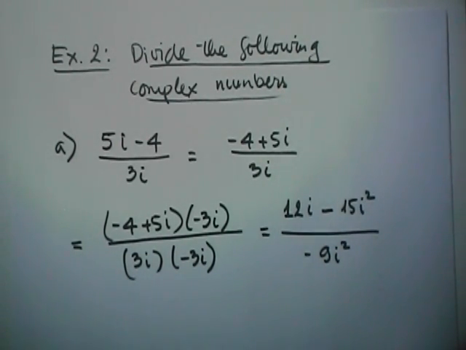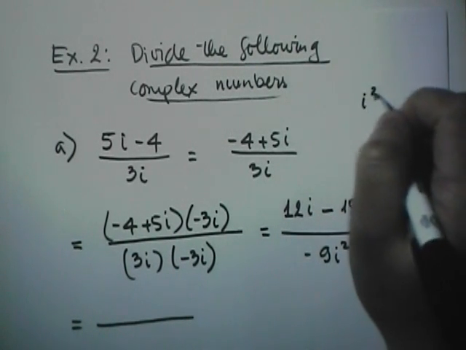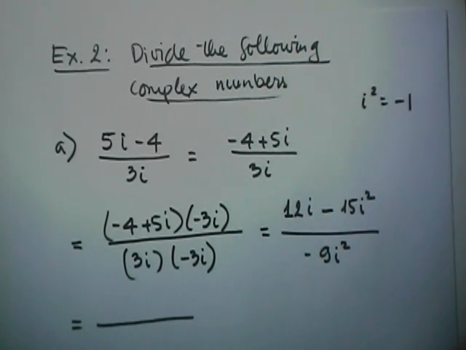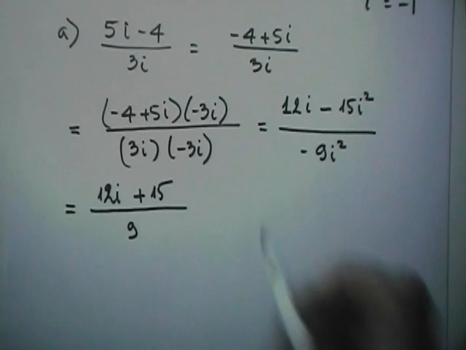Now remember i squared equals negative 1, so i squared at the bottom is negative 1. Together with minus 9, it becomes a positive 9. And on top, I have 12i plus 15. So on the numerator, I have 12i plus 15.